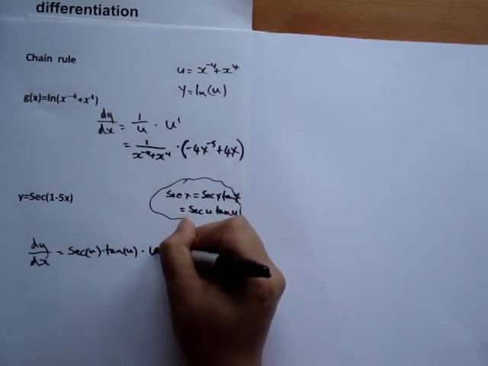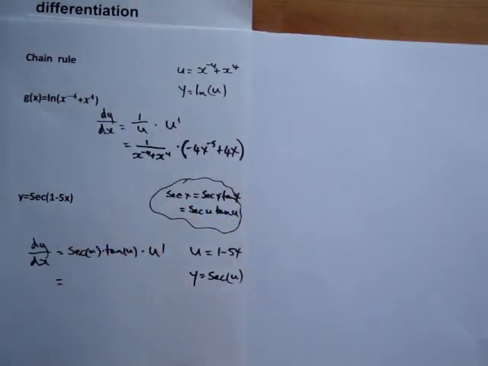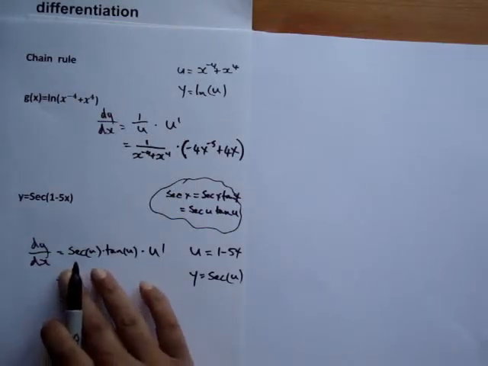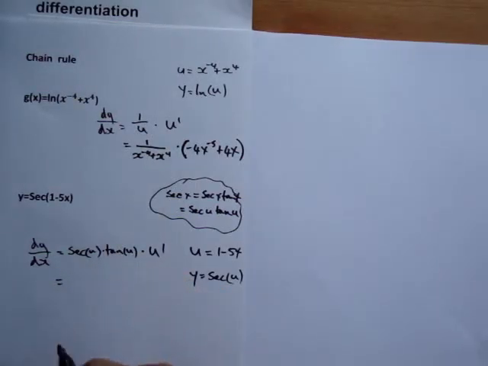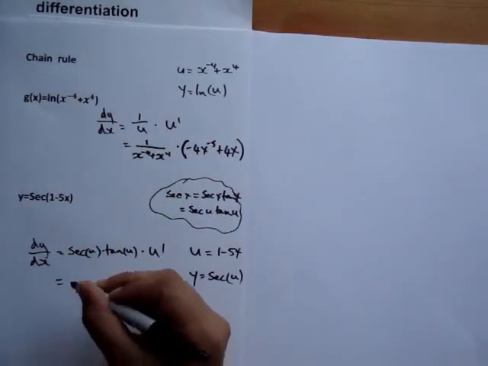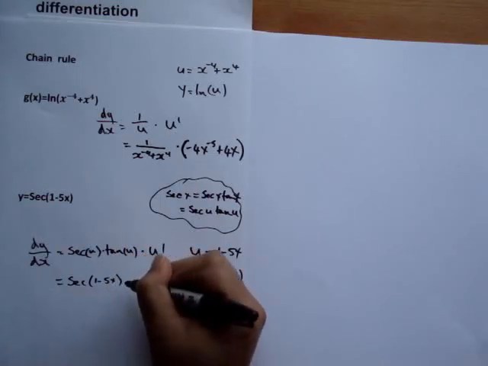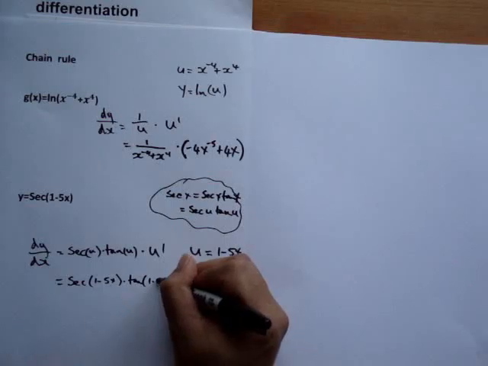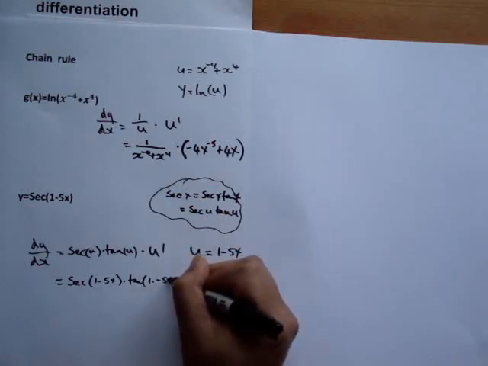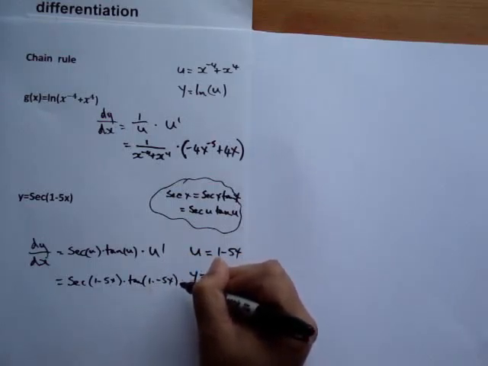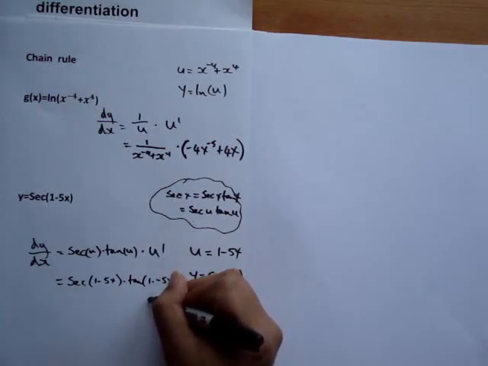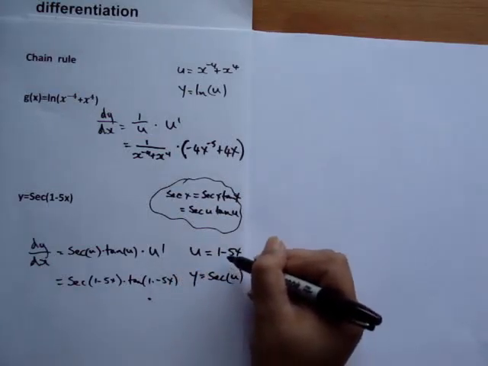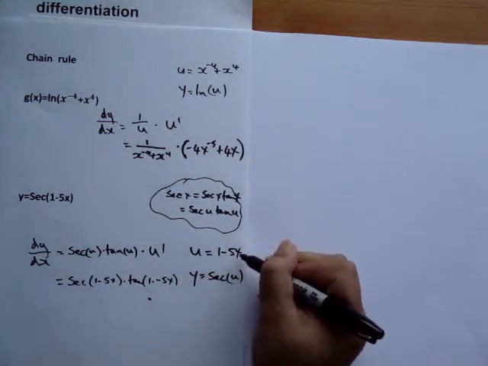multiplied by u prime. So when we now replace the u's, we get sec 1 minus 5x times tan 1 minus 5x, and all that is multiplied by u prime.